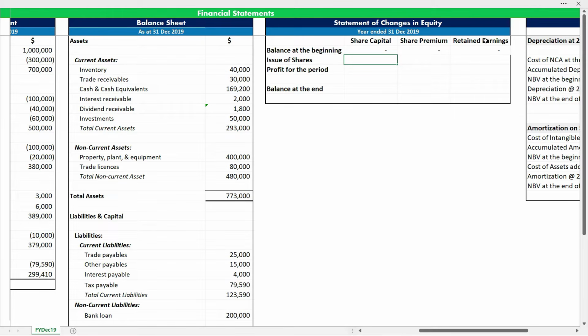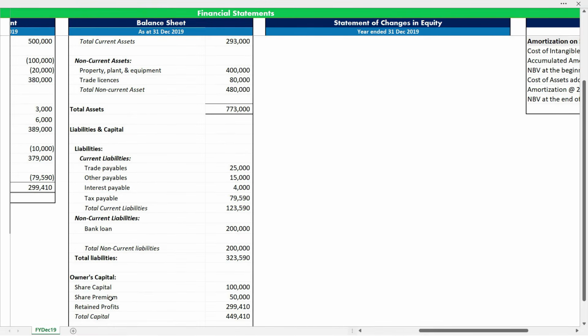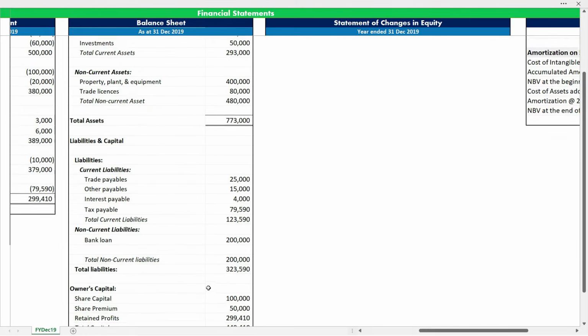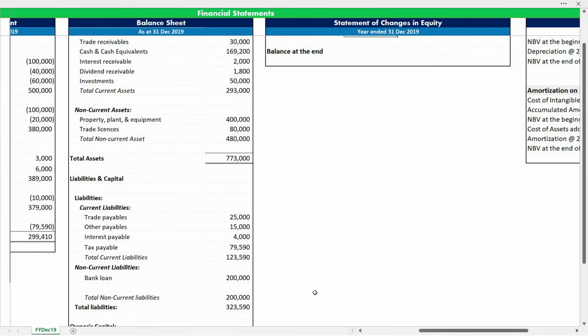Now in the period you must have issued new shares, so that eventually at the end of the period you have share capital and share premium here in your balance sheet. So I will say in the issue of shares you have received a share capital of $100,000.